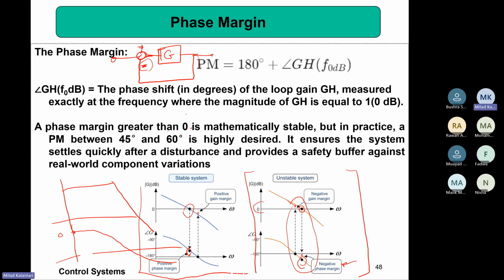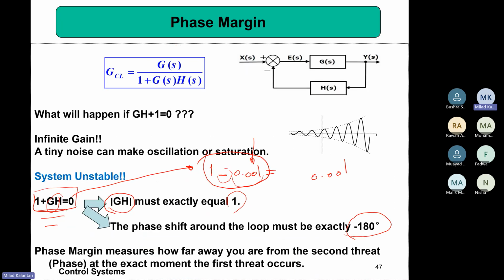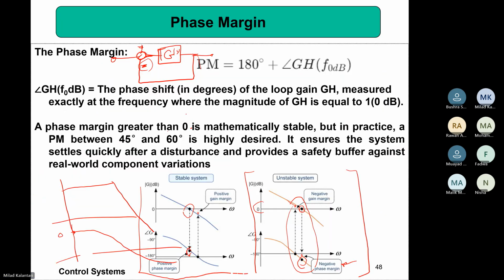But what will happen when the frequency goes up? When the frequency goes up, the amplitude may change, because you have some poles, some zeros. But on the other hand, this G of S, or G of j omega, has some phase for higher frequency. What will happen if the phase actually reaches something close to 180 degrees at a certain frequency?